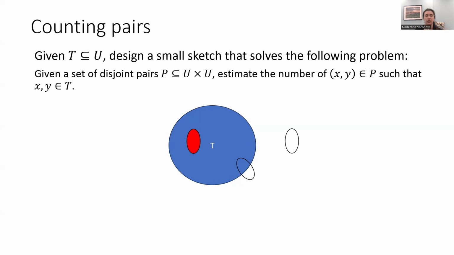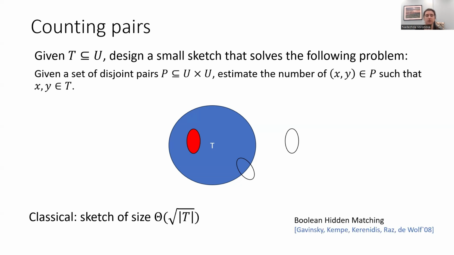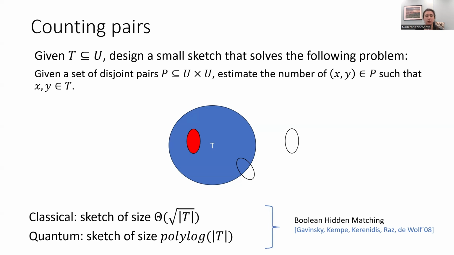Note that we can do this classically by subsampling square root of size of T elements by the birthday paradox. And it can be shown then that this is optimal by reduction from Boolean hidden matching. In the same work on Boolean hidden matching, it was shown that this problem can be solved in just polylogarithmic space with respect to the size of T on a quantum device.